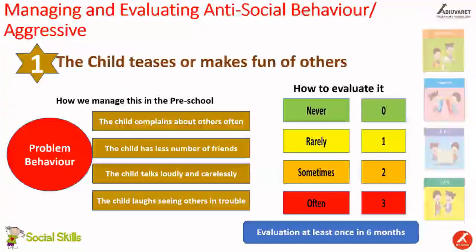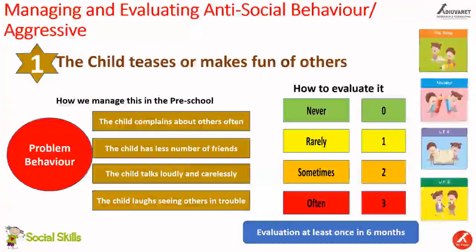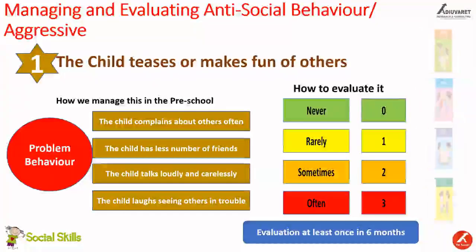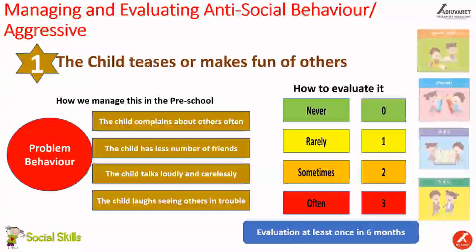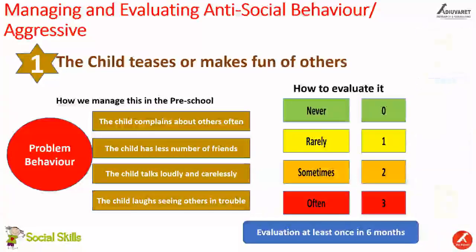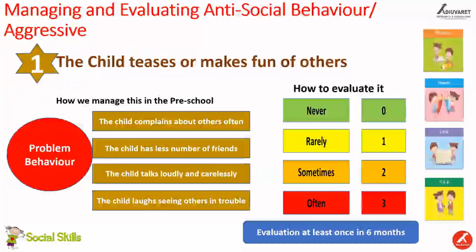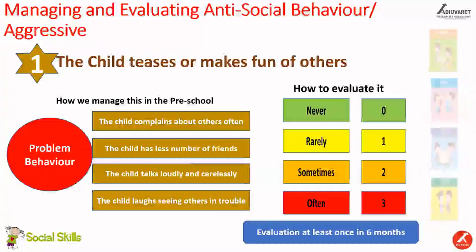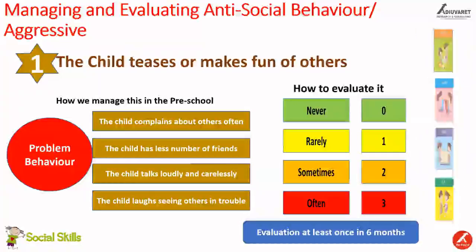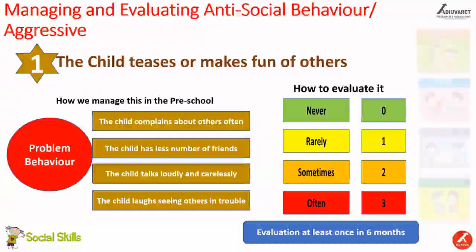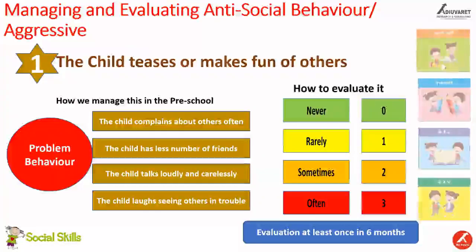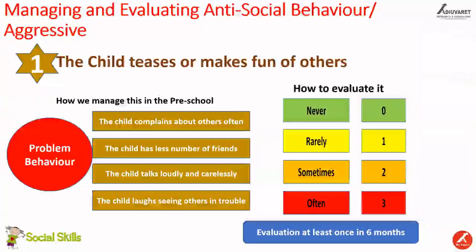If it doesn't happen at all, we give a score of 0, and if most of the time the child laughs seeing others in trouble, we give a score of 3. So the higher the score, the more likely the child is developing such antisocial behavior, and the lower the score, the less problematic the behavior. That's where we do the evaluation of our child.